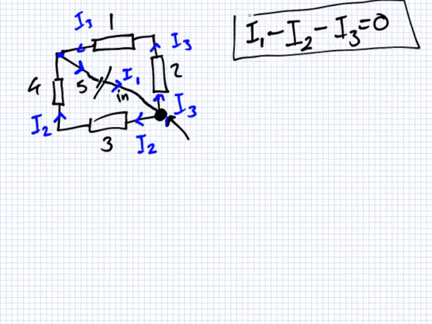Here, this is I1. So they come back together here. This must be I1 because it's I1 after the battery, after the cell.